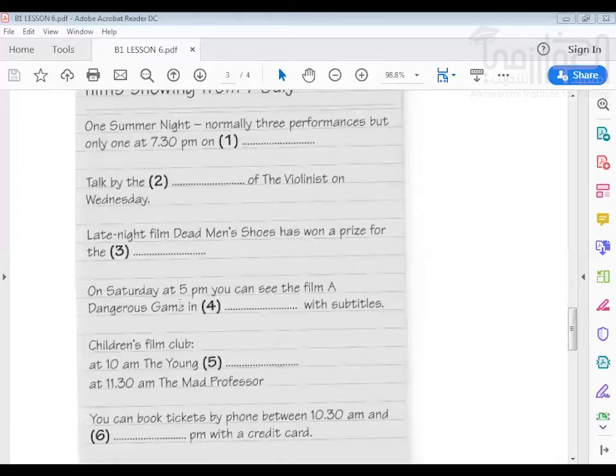And then on Saturday at 5 p.m., you can see the film A Dangerous Game in something, with subtitles. So the film is in what? And it has subtitles. Subtitles are when we translate what is being said. So here there should be a language. You must listen for a language. So before you listen, you know that a language will come here. What language?